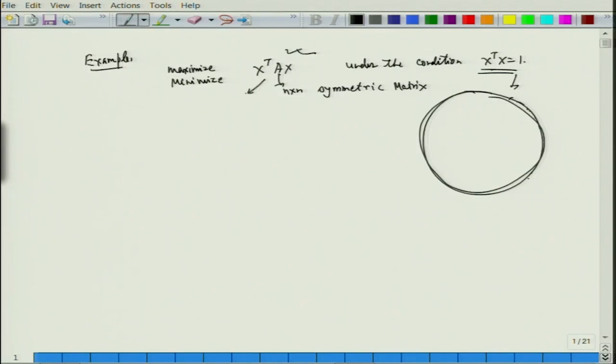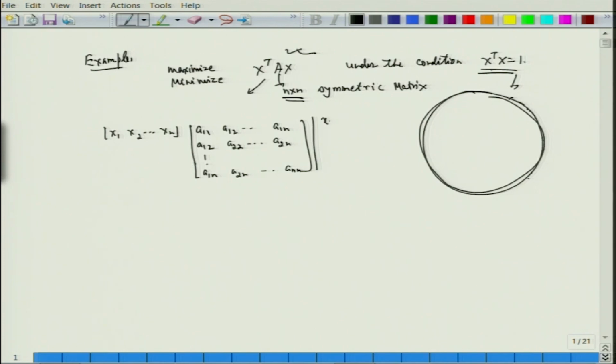If you look at this function, this is nothing but (x1, x2, ..., xn) times the matrix with rows a11, a12, ..., a1n; a12, a22, ..., a2n; up to a1n, a2n, ..., ann, and I am assuming it is symmetric, times (x1, x2, ..., xn).